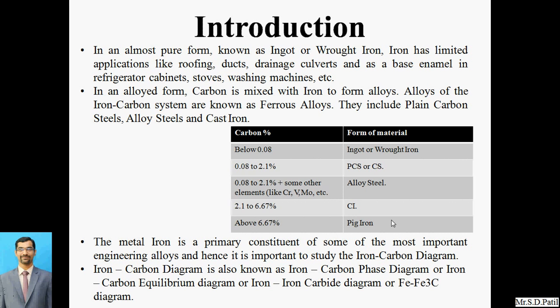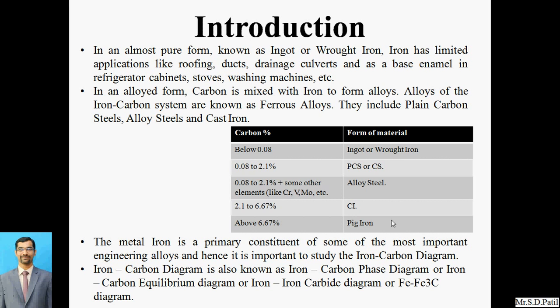When the percentage is between 2.1 and 6.67, it is called cast iron. And when the percentage goes above 6.67% carbon, that iron is called pig iron.